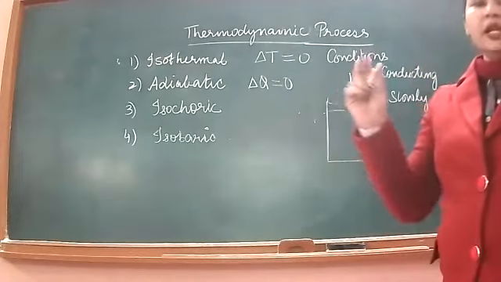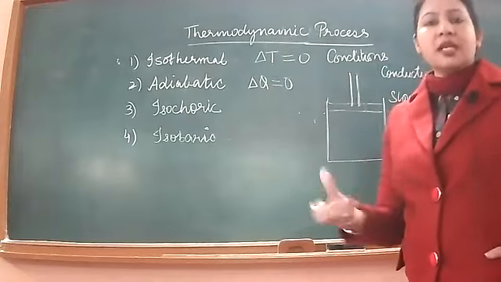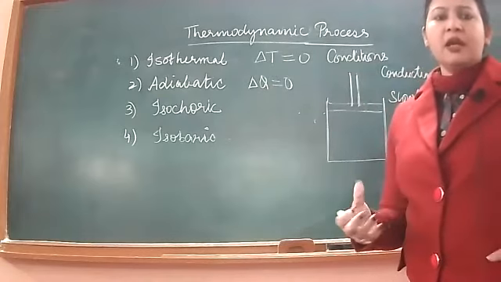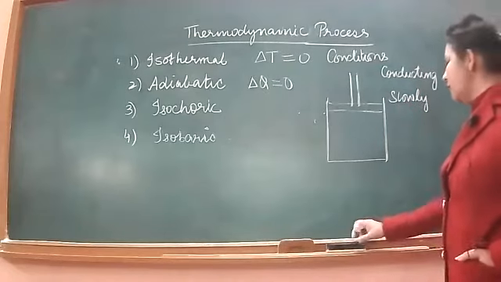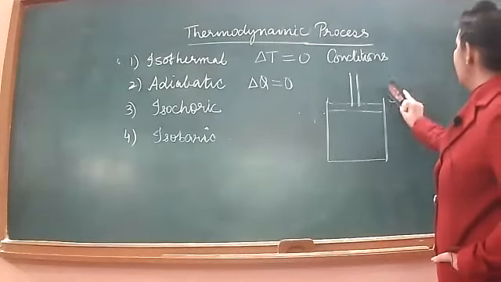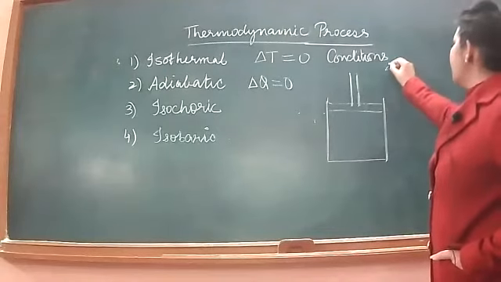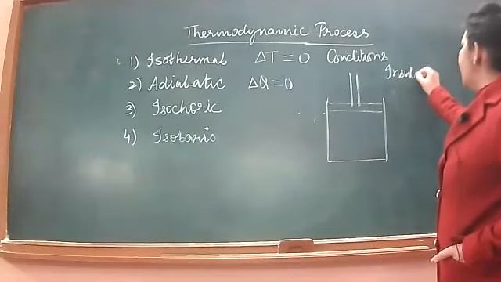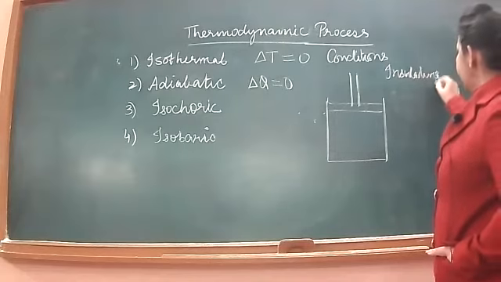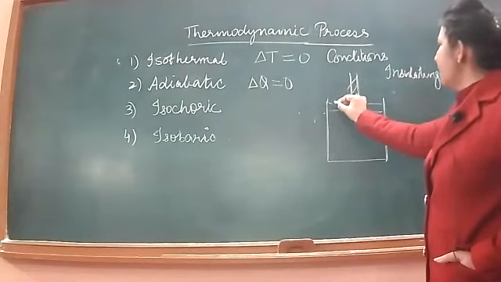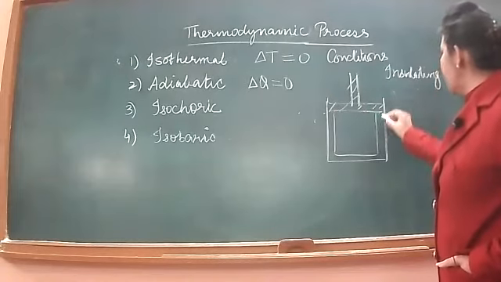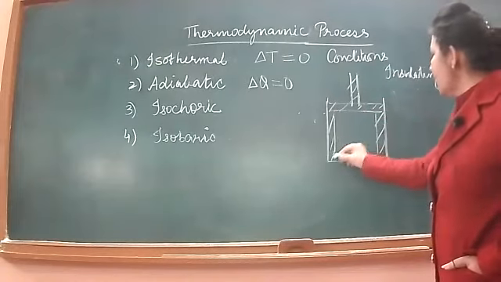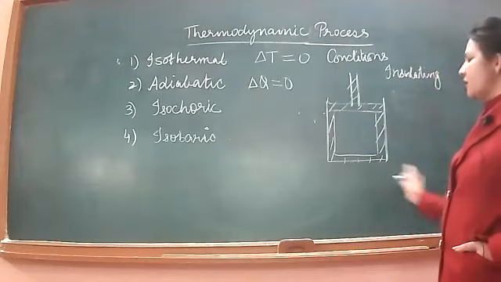So what are the two conditions for achieving a process adiabatically? How do we ensure that heat exchange is not allowed? First, the container must be insulating from all sides. The piston is insulated, and the walls of the container should also be insulated, so that we are not giving any time for exchange of heat.